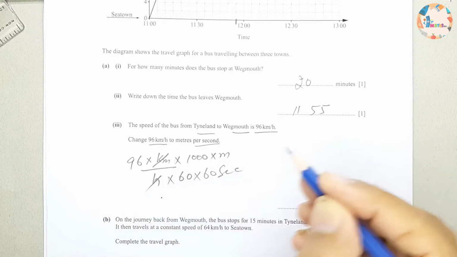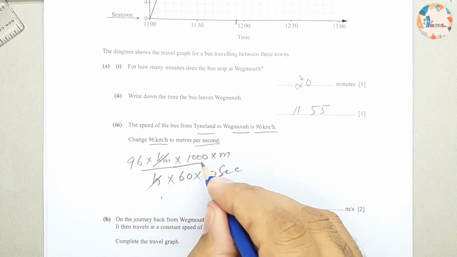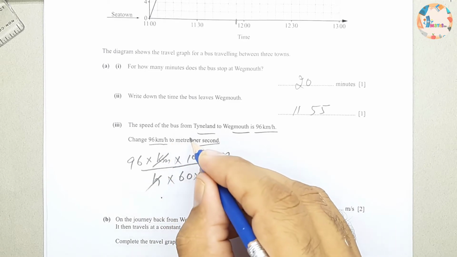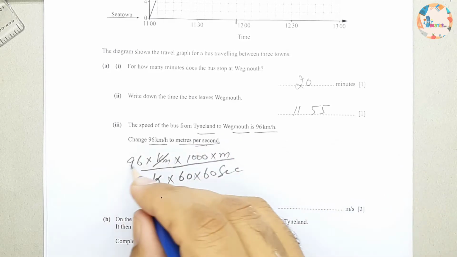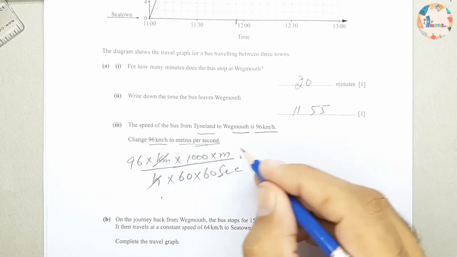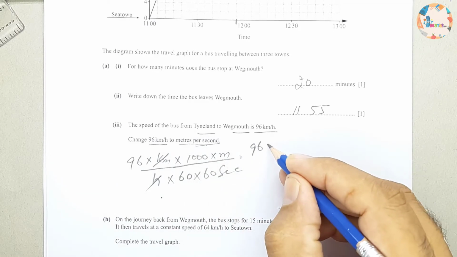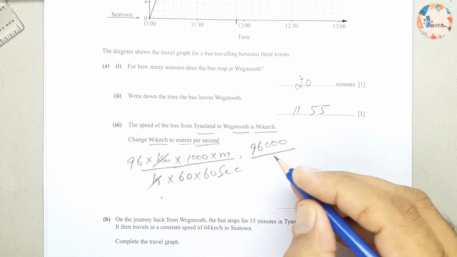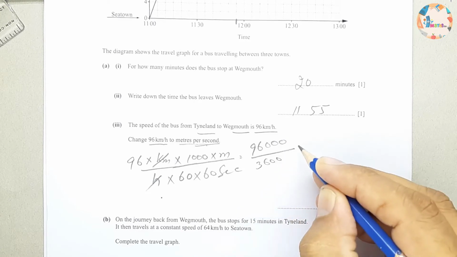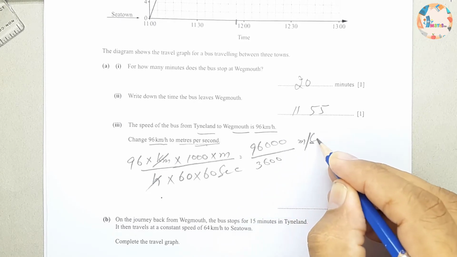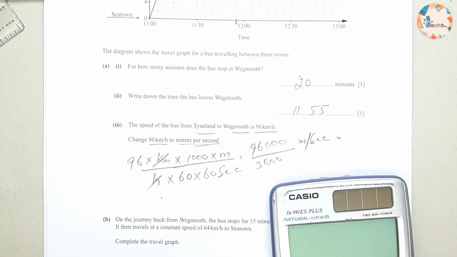Now this is seconds. Hour is gone because we require meters per second. So now we will be multiplying 96 with 1000 and dividing by 3600. This will be meters per second, and this will be 96000.